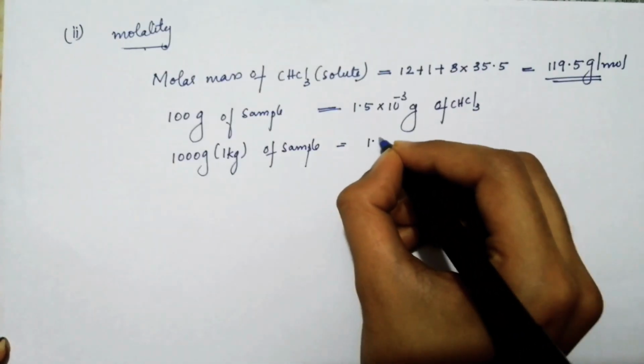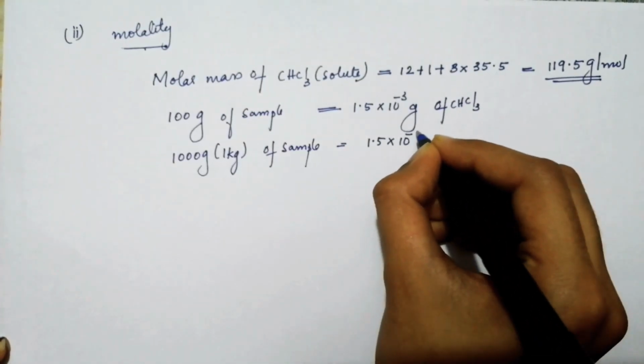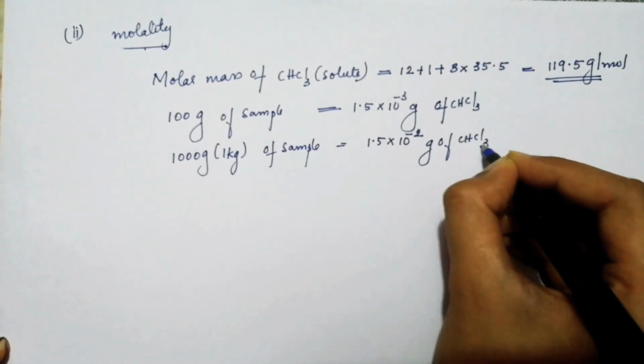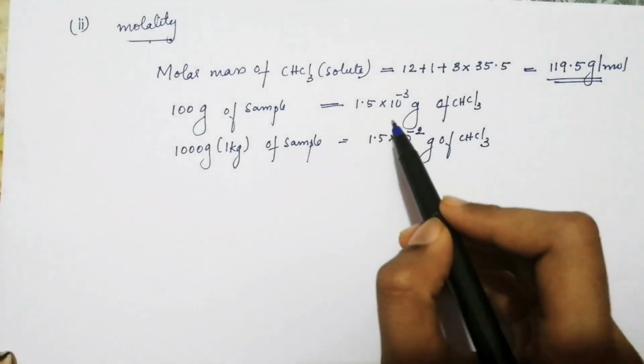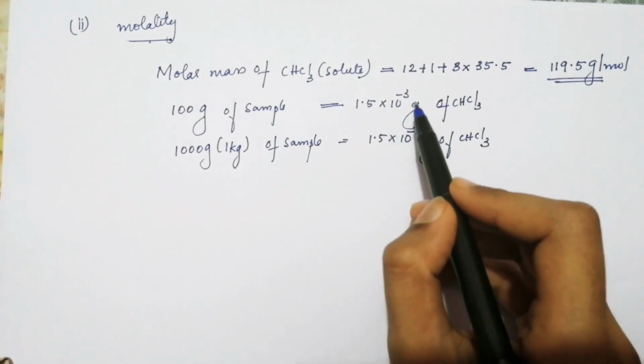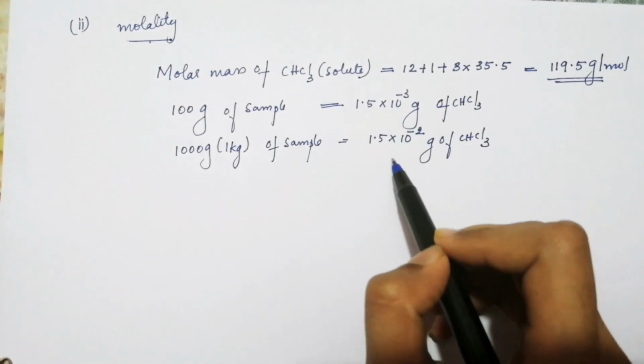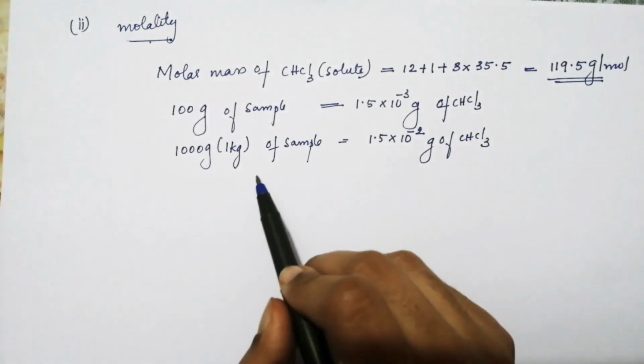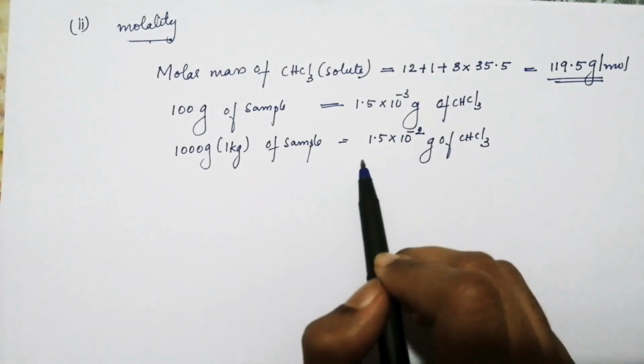And this is 1.5 into 10 power minus 2 gram of chloroform. To do this, we have simply multiplied this by 10, and that gives us 1.5 into 10 raised to minus 2 gram of chloroform for 1000 gram of the sample or 1 kilogram of the sample.